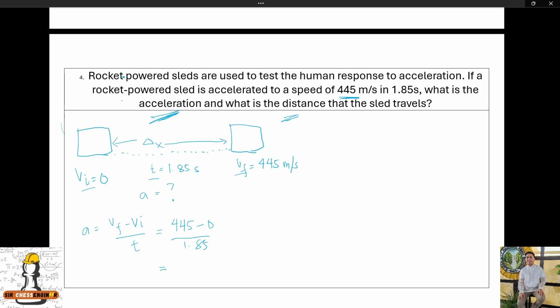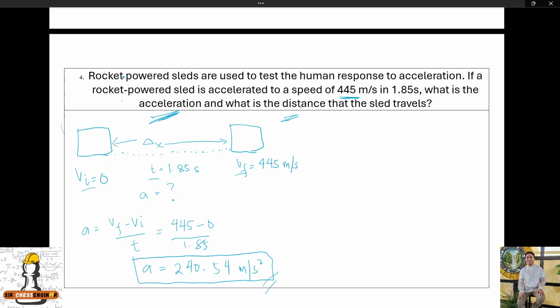So we can get an acceleration of 445 minus 0 divided by 1.85, around 240.54 meters per second squared. So this will be our acceleration. This is our first answer.